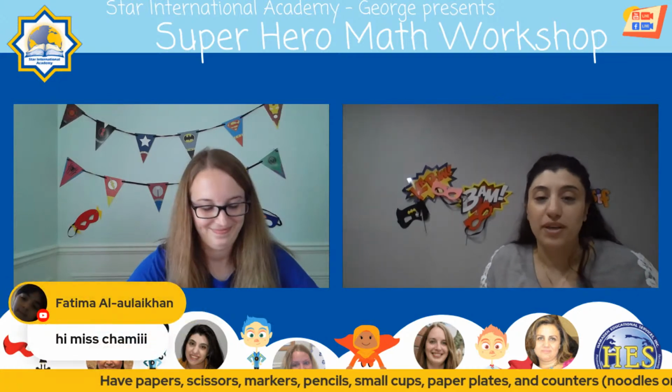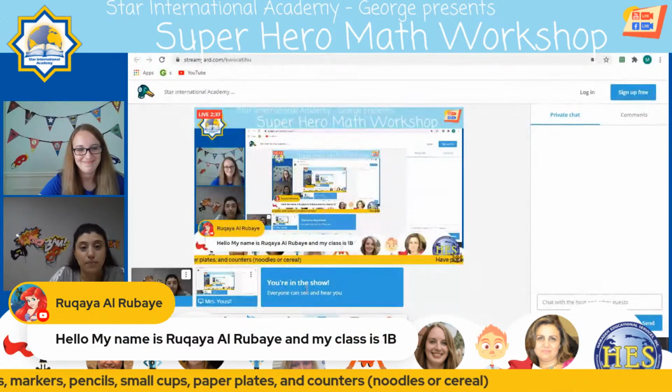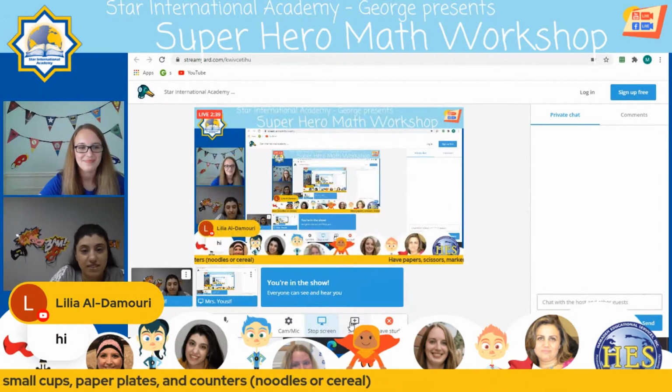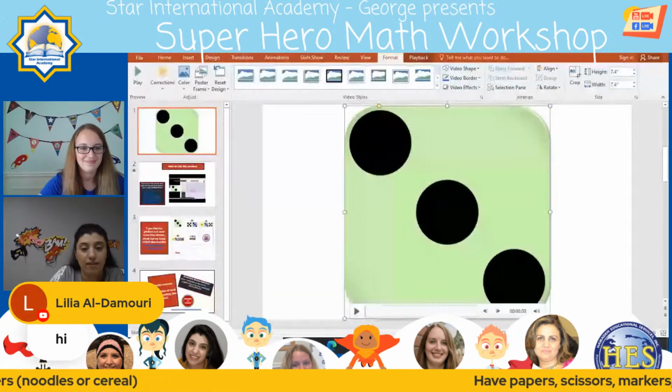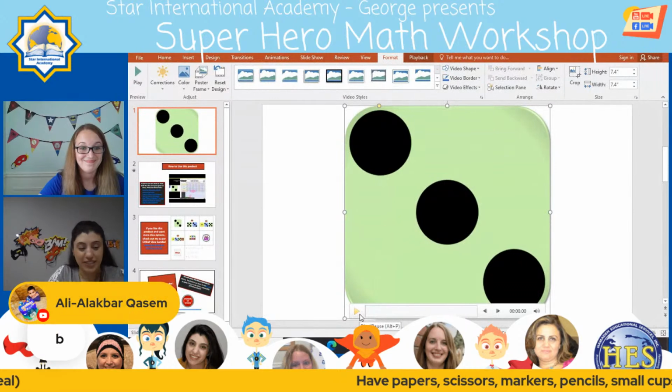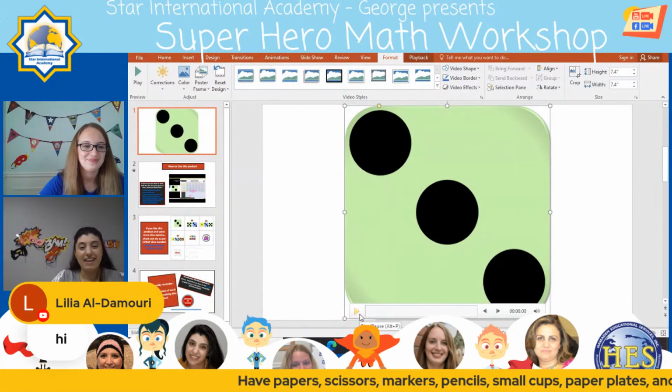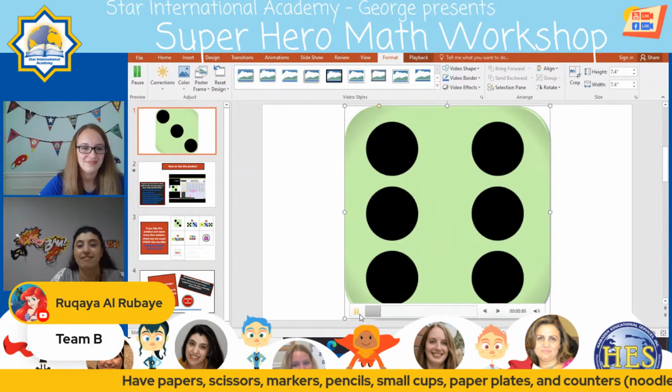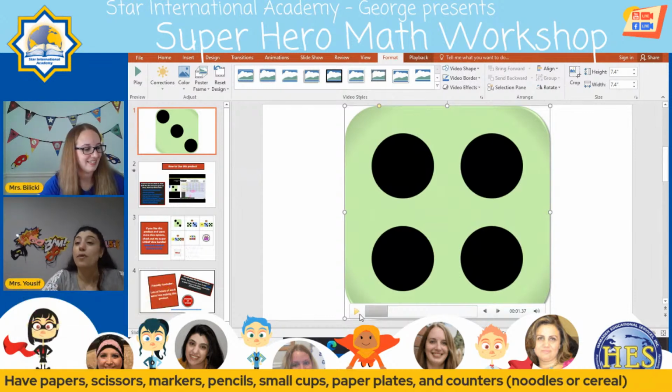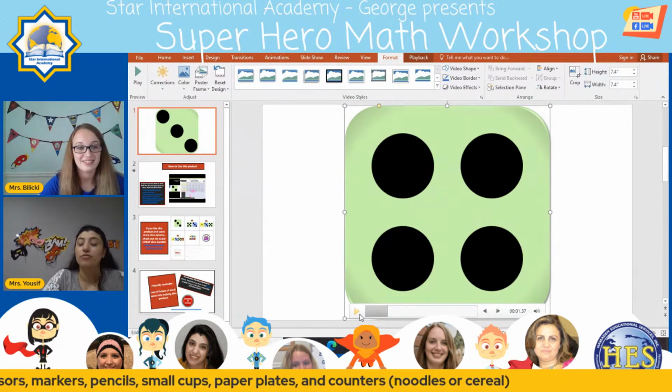All right, so here we go. I'm going to go ahead and share my screen, and we're going to roll the dice. All right, Miss Balicki, can you see my screen? I can. Okay, here we go. I got the number 4.